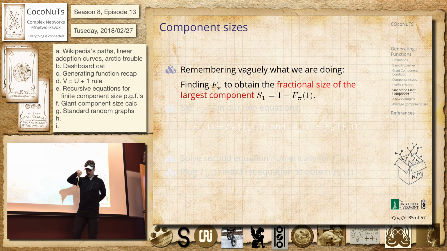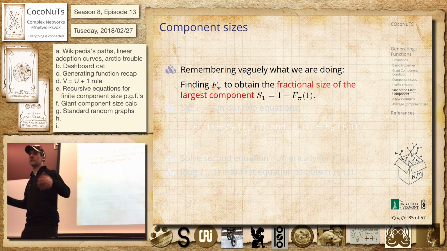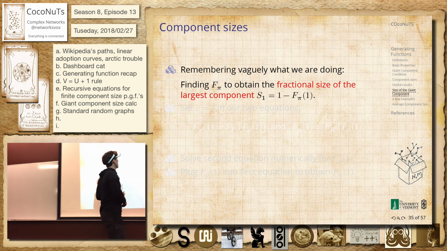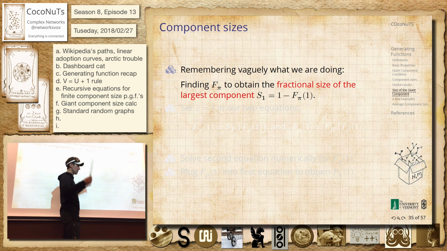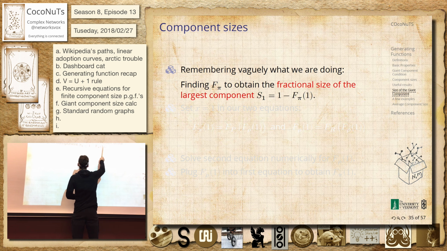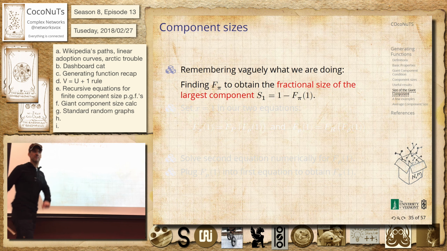What's the probability that a randomly chosen node is part of a finite component? Because if it's in the giant component, then n is infinity, right? So that's not there. So if the giant component comprises 2/3 of the system, then the probability that you're part of a finite component will be 1/3, and you'll get 1 minus 2/3 here.